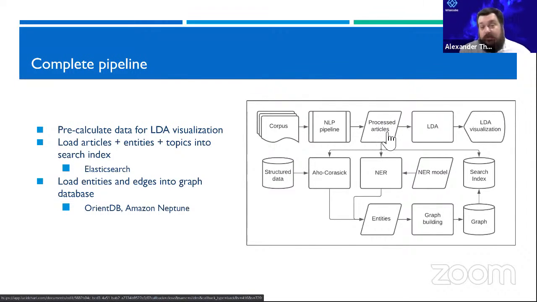We then take our normalized tokens and we do our entity extraction, whether that's Aho-Corasick with some structured data or an NER model. And we have our list of entities. So from there, we have our documents and our entities, and we can build our graph. We store that in a graph database like OrientDB or Amazon Neptune. We store our documents along with the entities discovered therein in a search index like Elasticsearch. Now we have our app.